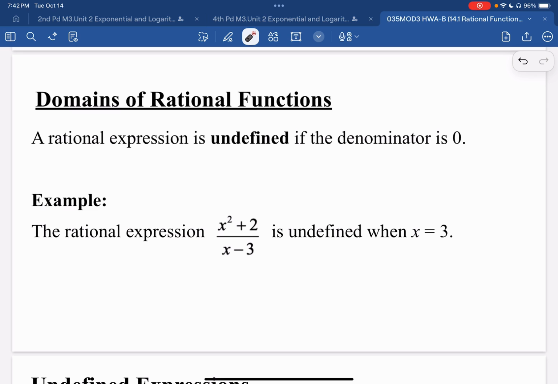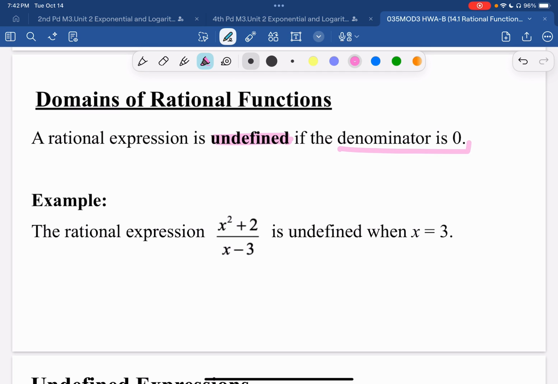A rational expression is going to be undefined if the denominator is equal to 0. For example, if we have this rational expression, x squared plus 2 over x minus 3, this is going to be undefined when x equals 3.